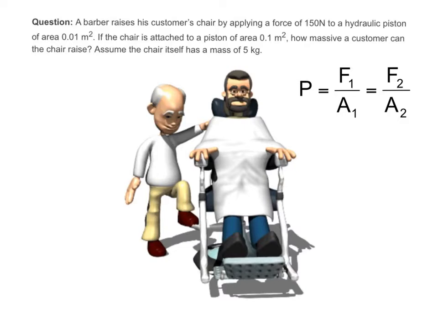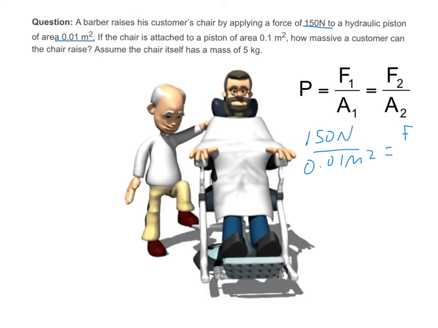Again, we will be using our Pascal's principle formula. We're going to plug in our information. Now, we can see that our F1 is 150 newtons. We can see that our first area is 0.01 meters squared.